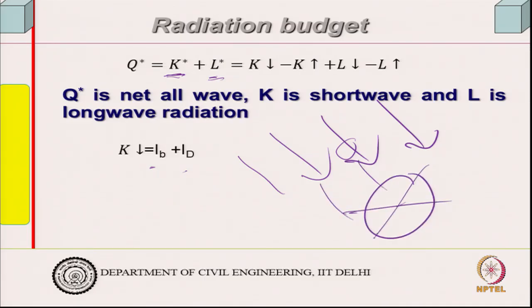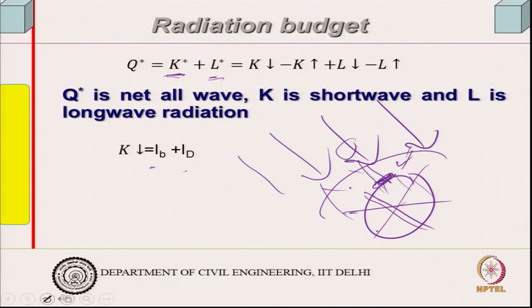If this is your horizon, this is your equator plane, and at any point of time the sun's radiation will come from all directions. On a surface here, I will get normal radiation, but I will also get diffused radiation coming from all these directions, because the atmosphere will diffuse the direct radiation of the sun.